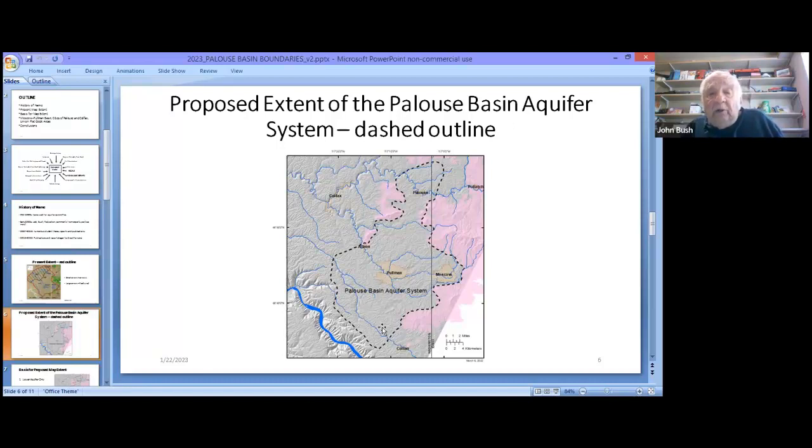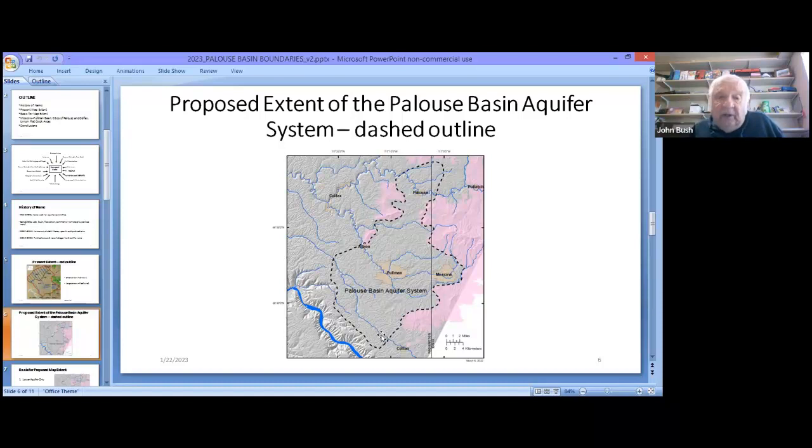Well, we got down here to Colton and we kind of lost track of data. Recently, a well was drilled in Genesee, way over in Idaho, in the same drainage system, that has a similar water level to those in the Palouse Basin. It will take a couple of years to find out whether that area is connected.